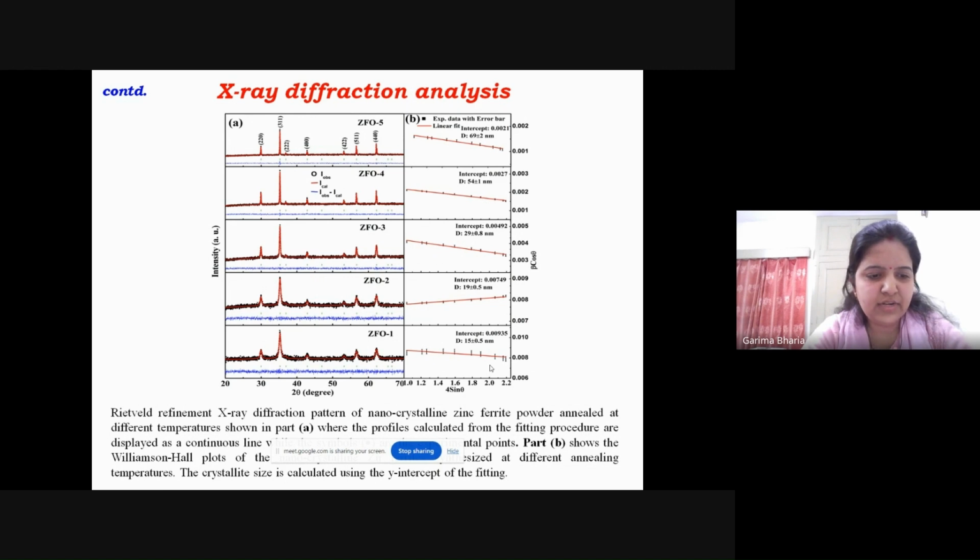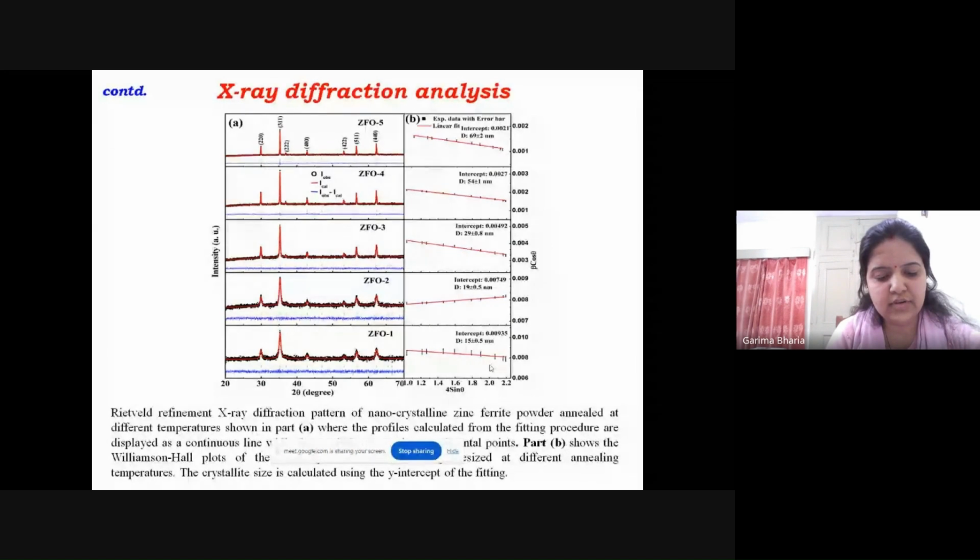Part B shows the Williamson-Hall plots of the nanocrystalline zinc ferrites synthesized at different annealing temperatures. The crystallite size is calculated using the y-intercept of the fitting of the Williamson-Hall plots.